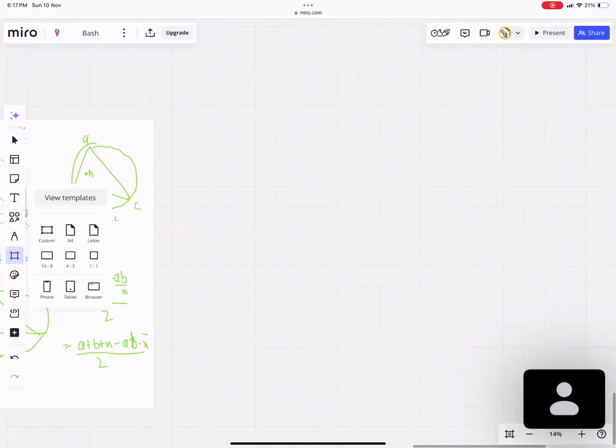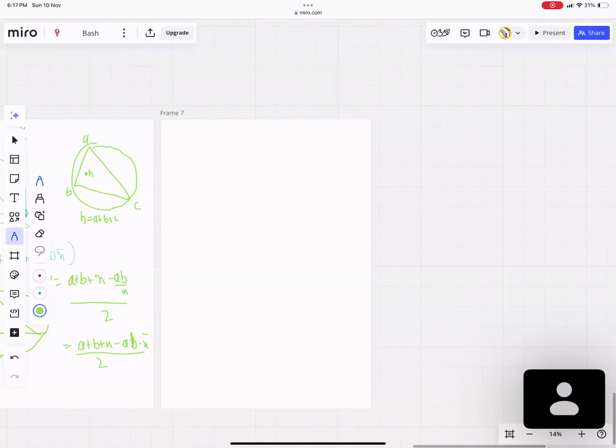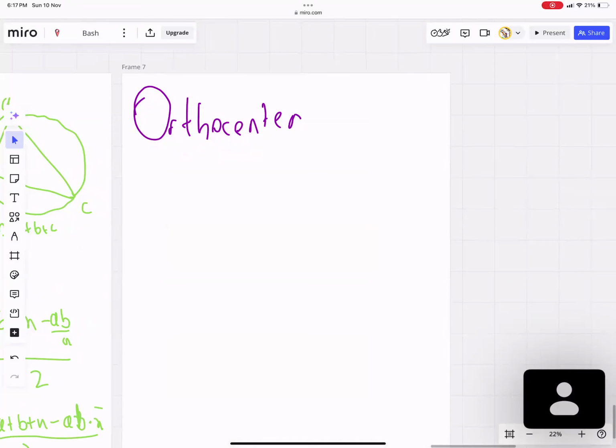So now we derive the coordinates of the orthocenter. There are two ways you could derive the coordinates of the orthocenter, one which I'll not be doing and one which I will be doing in class. Now one thing is we have A, B, C. The definition of the orthocenter is the intersection of the altitudes, right?